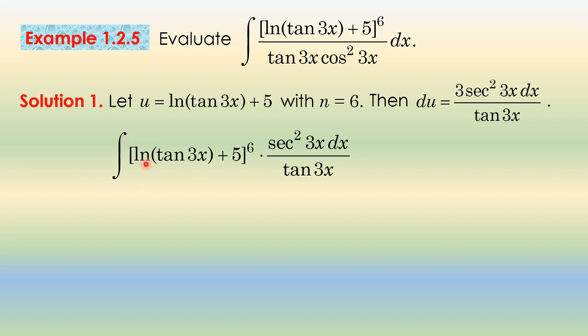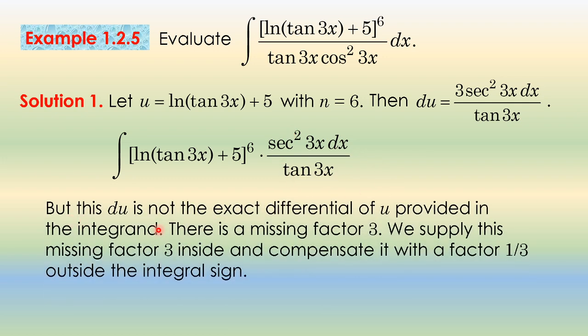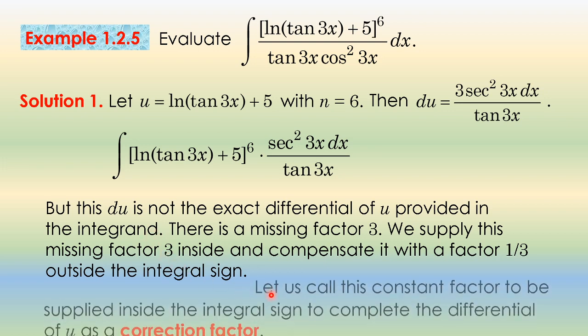The integral of this is our u, this is n, but unfortunately this is not du. There is a missing factor 3 for this to be du. We supply this missing factor inside here and then compensate with a factor 1/3, meaning its reciprocal, outside the integral sign.